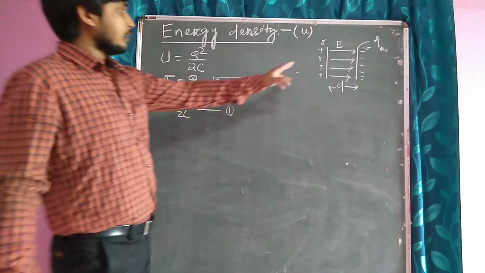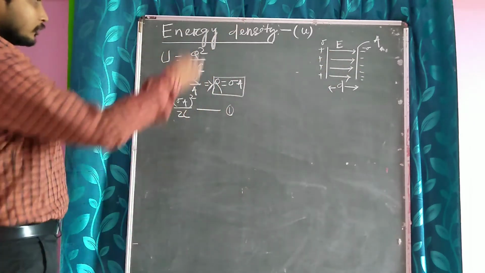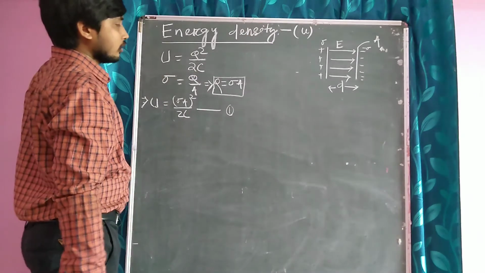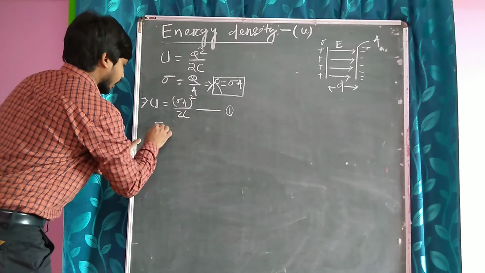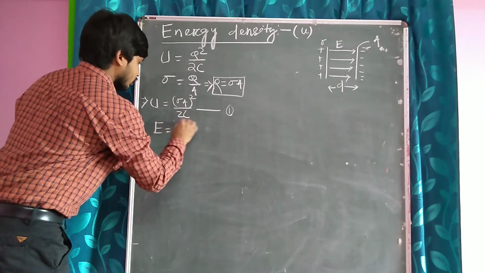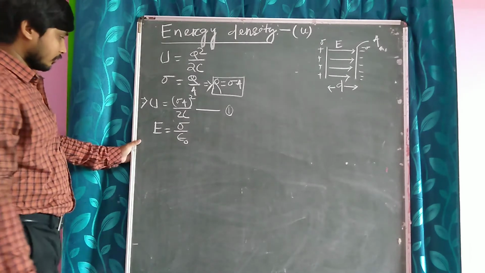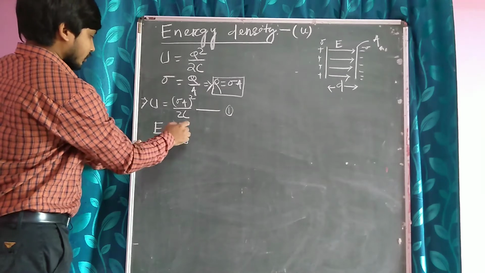You see, in between the two plates of the capacitor, electric field E is there, and we know that the expression for the electric field in between the two plates in a capacitor is E equal to sigma by epsilon naught. Is it clear? So from here you can also calculate the value of sigma.